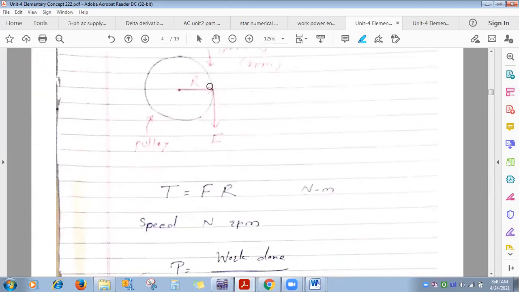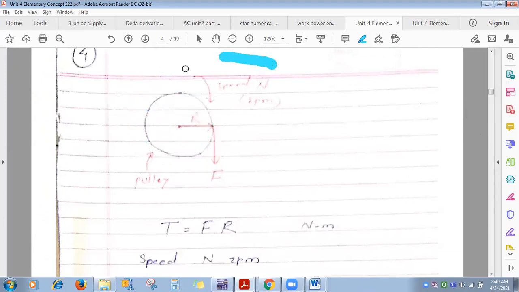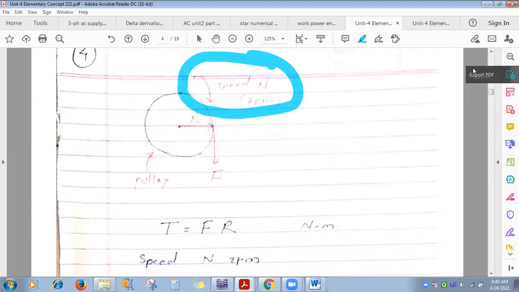Now the same thing is here. Earlier, I showed you a pulley of radius capital R. This is the line of action of force capital F. Then this pulley is rotating, consider in clockwise direction, and its speed is N RPM. Whenever you see machines, motor and generator, the speed is denoted by capital N, and its unit is RPM.